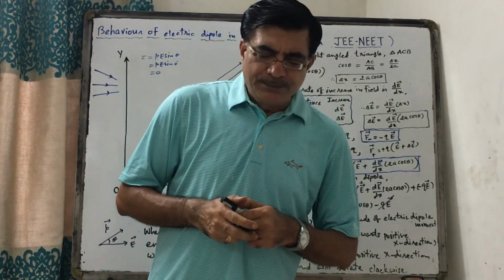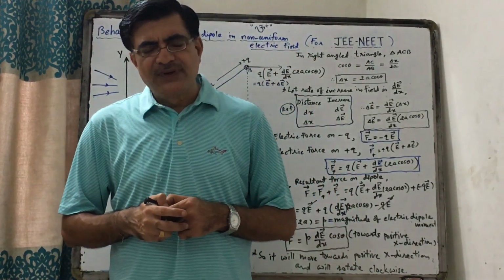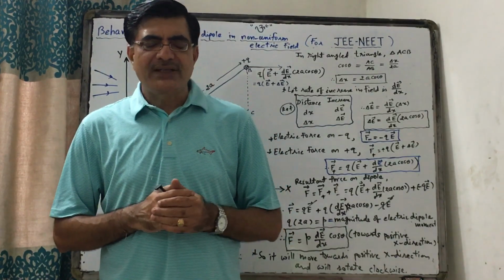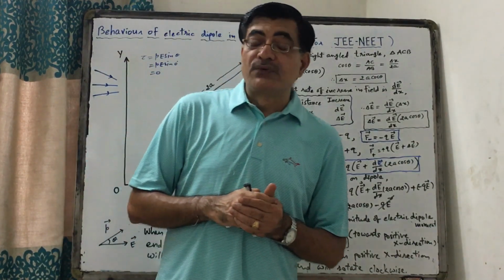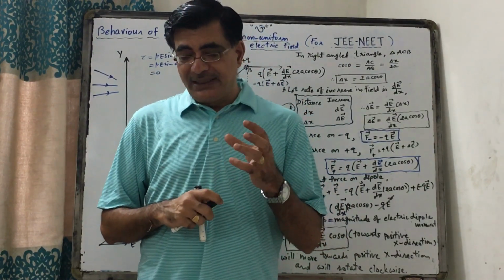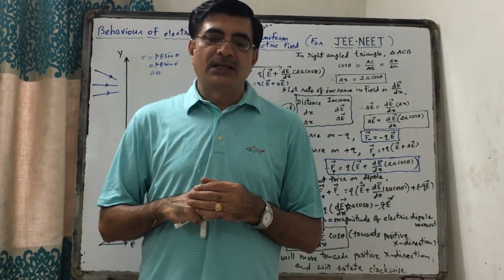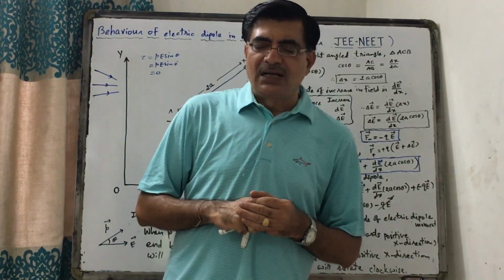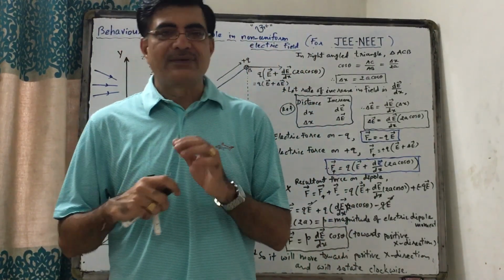But we know that all electric fields are not uniform. Sometimes there are non-uniform electric fields. If we put an electric dipole in a non-uniform electric field, how will it behave? That is our topic.